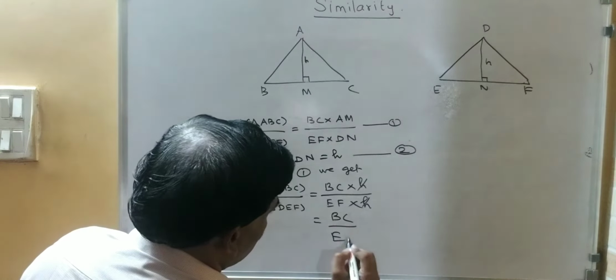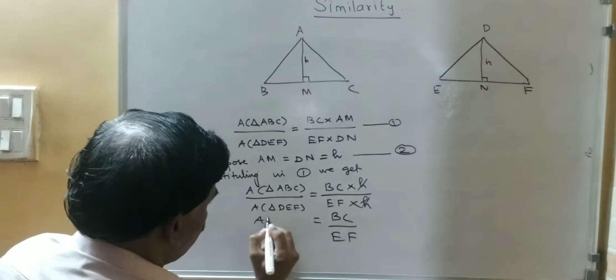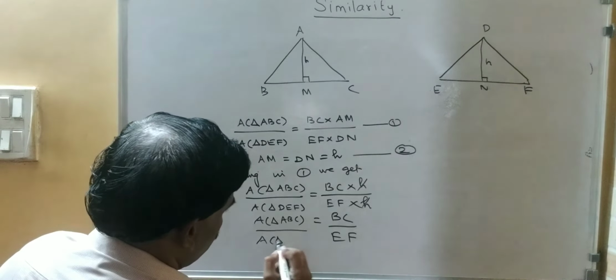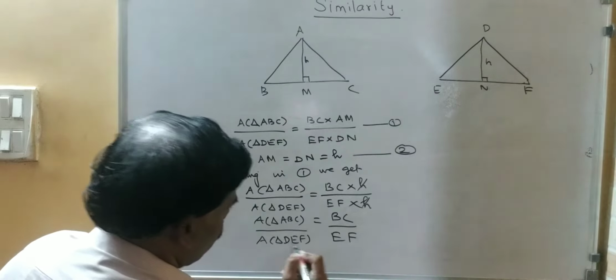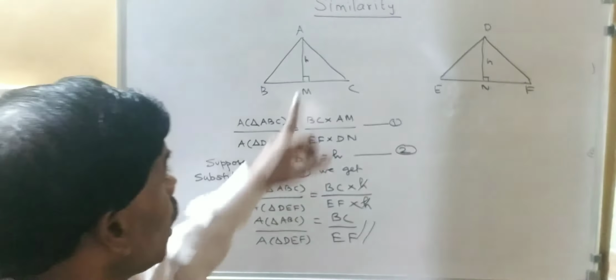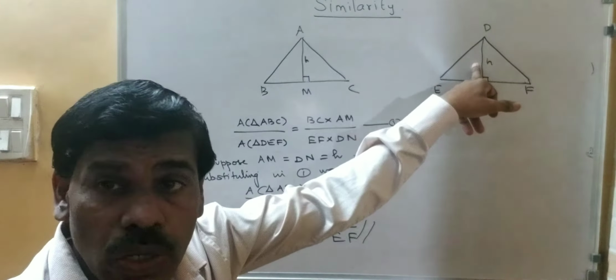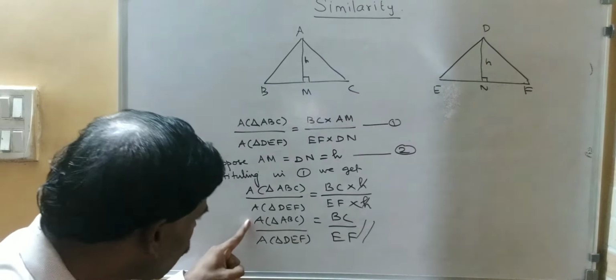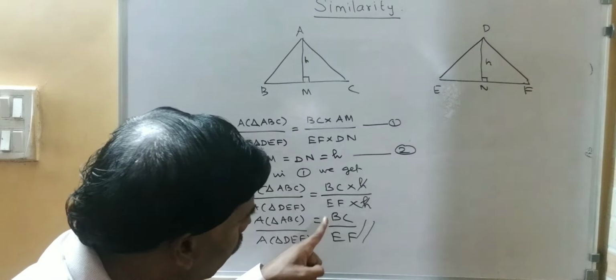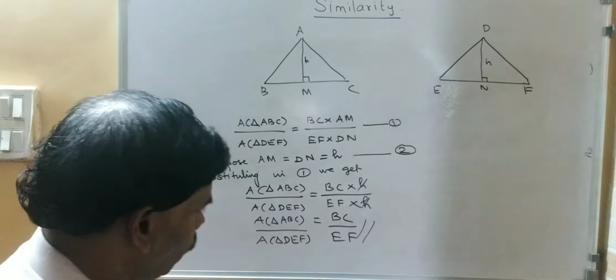BC upon EF. That means you see here very carefully, if the heights are the same, then the ratio of the areas of the triangles is equal to the ratio of their bases.